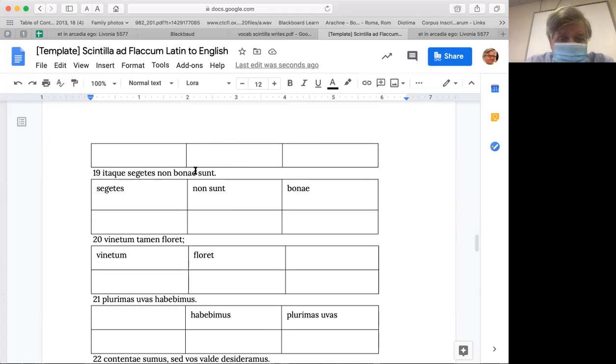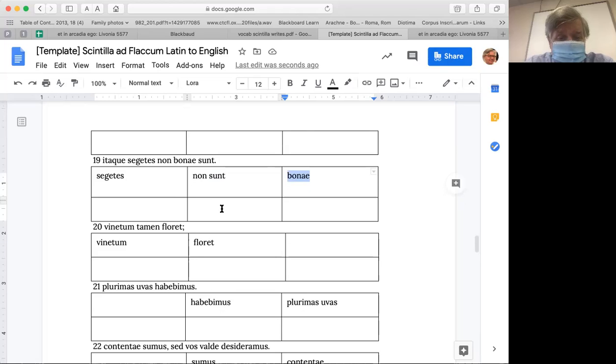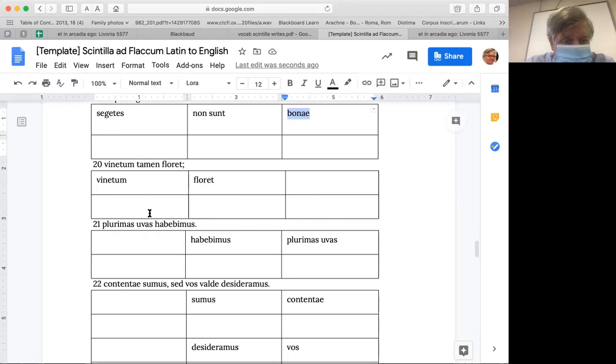Itaque segetes non bonai sunt, and this word again, the crops, non sunt, so the negative of sunt are, and what they are not is bonai, not good.